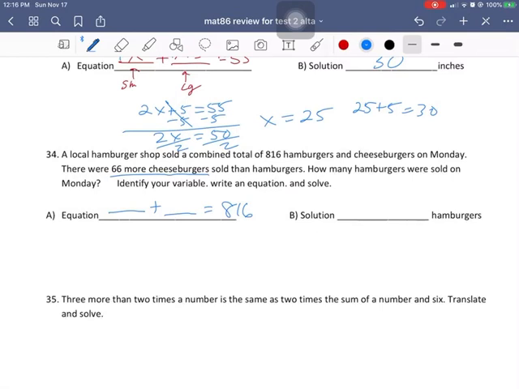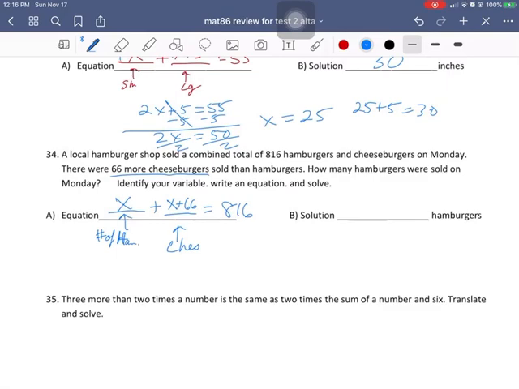I have more cheeseburgers than hamburgers. So that means the hamburgers are x, and the cheeseburgers are x plus 66. Okay, so the variable is the number of hamburgers.